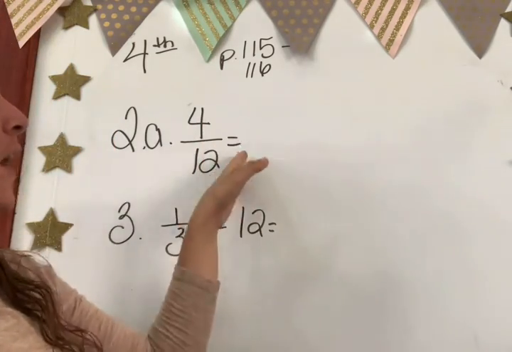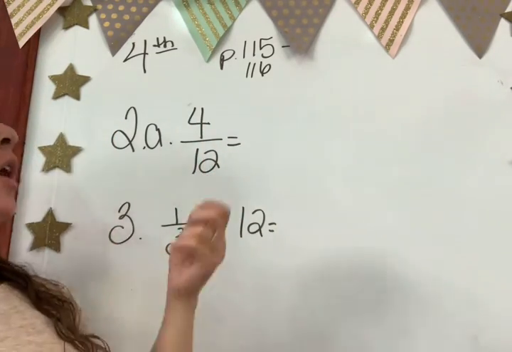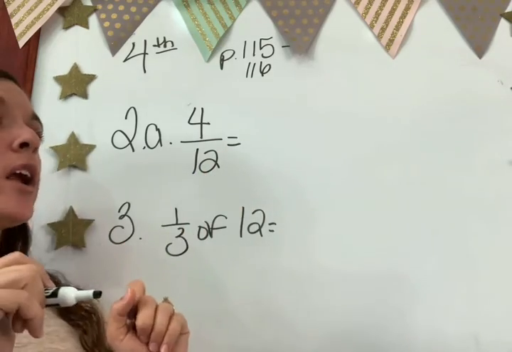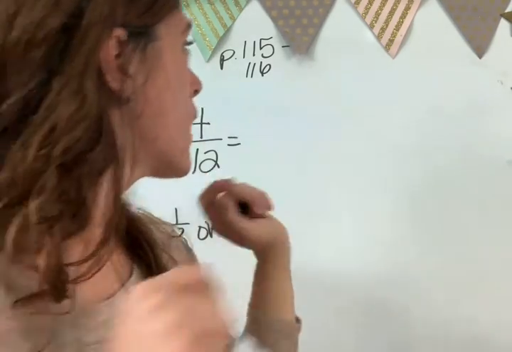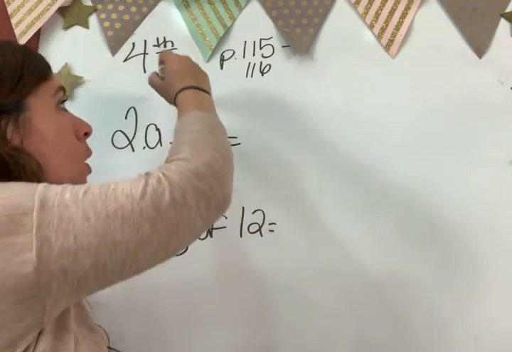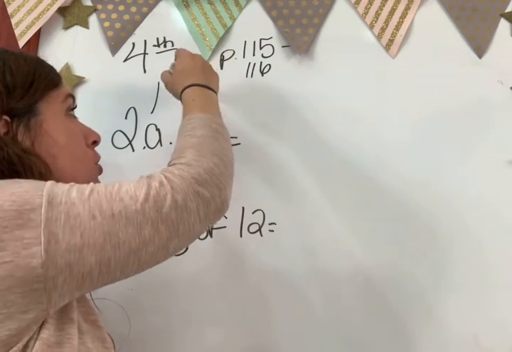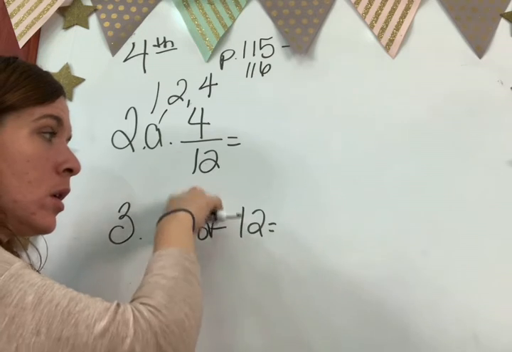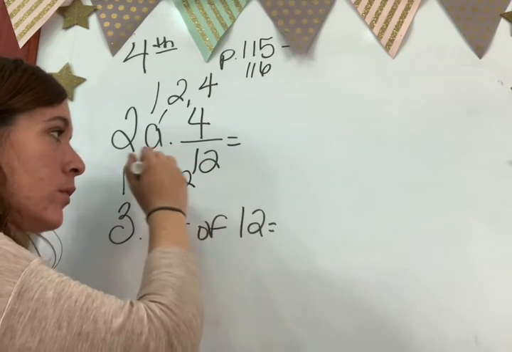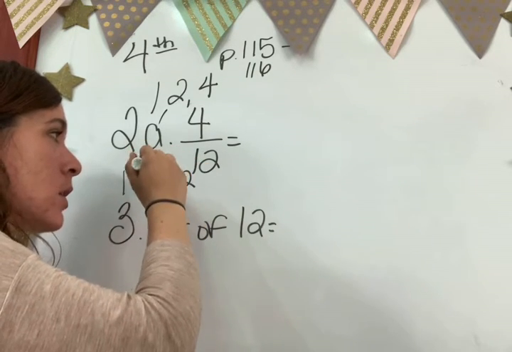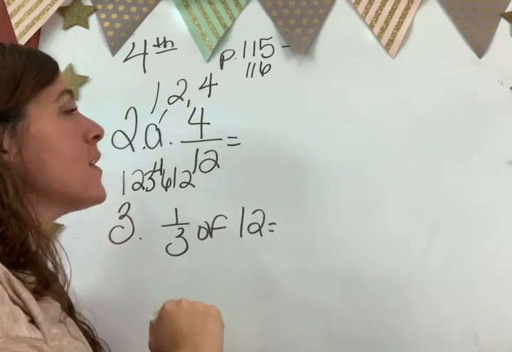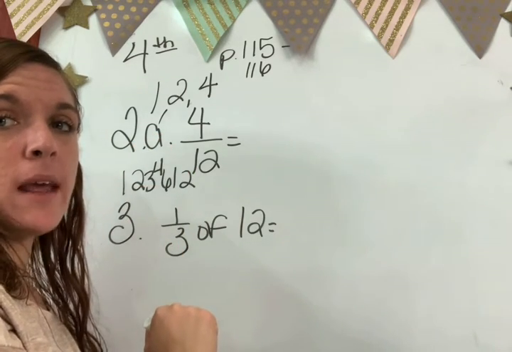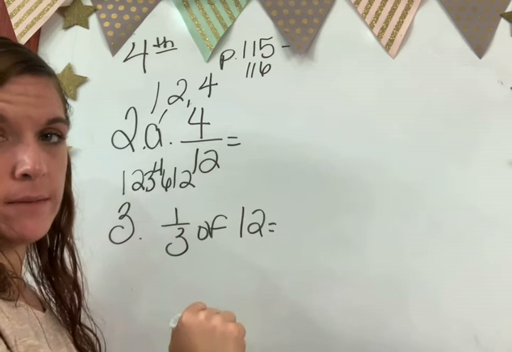Vamos a encontrar los factores de 4 y 12. What are my factors of 4? Sama? 1, 4, and 2. What are my factors of 12? Keanu? 1, 12, 2, 6, 3, 4. What's my greatest common factor, Scarlett?